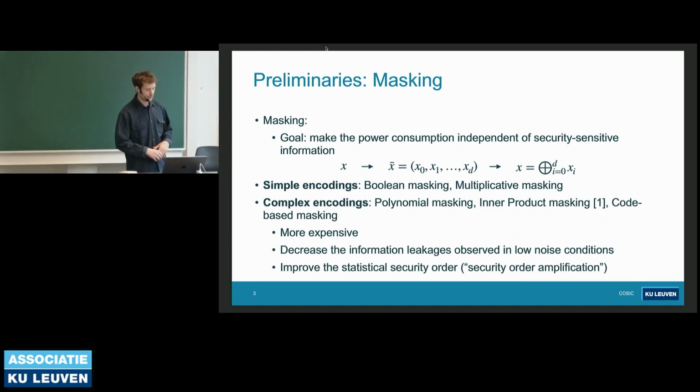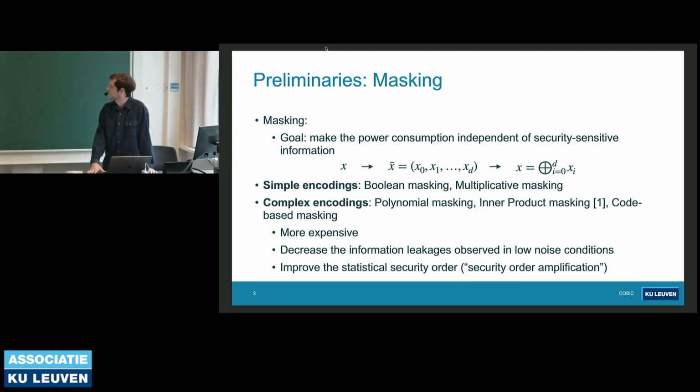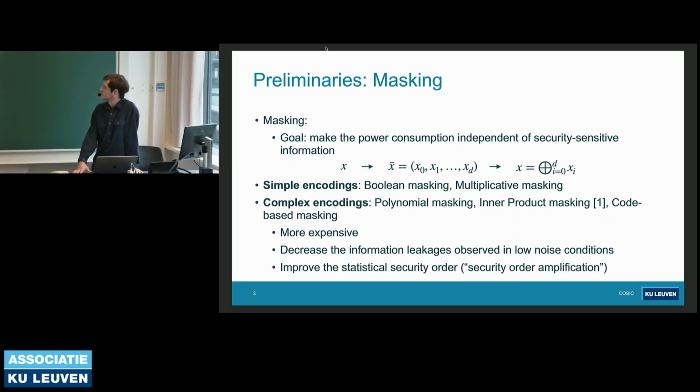One of them is that they decrease the information leakage observed in low noise conditions. Another benefit is that they improve the statistical security order, an effect that we sometimes call the security order amplification effect.